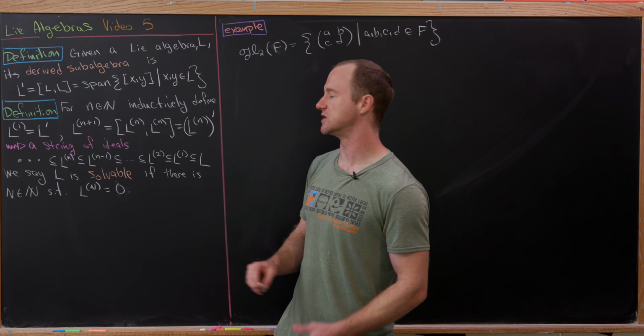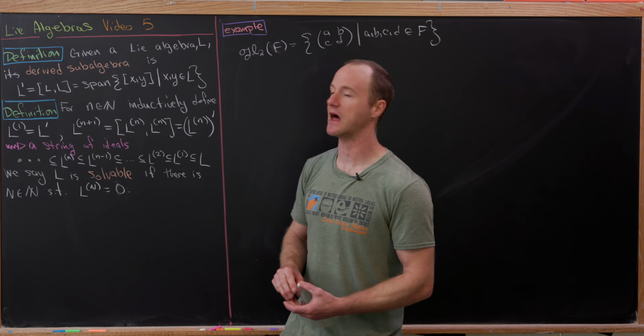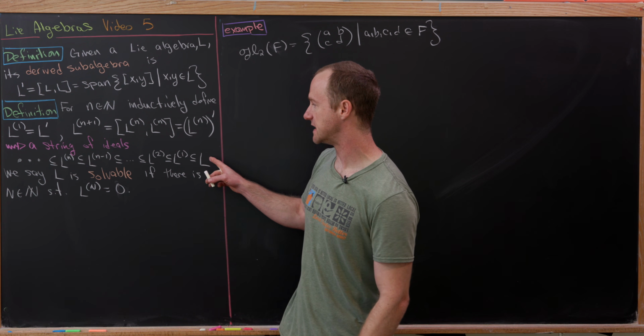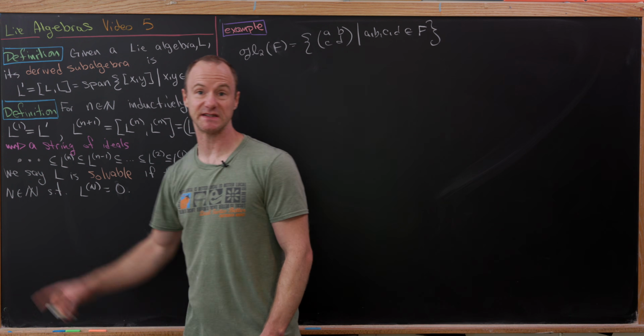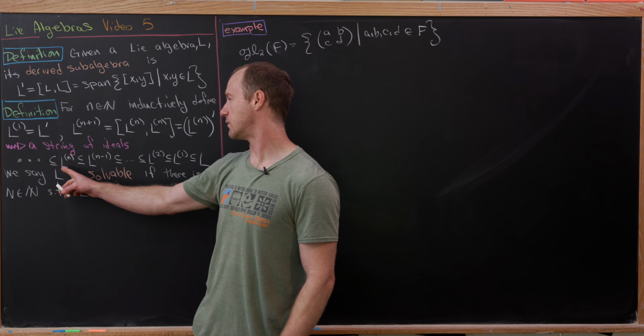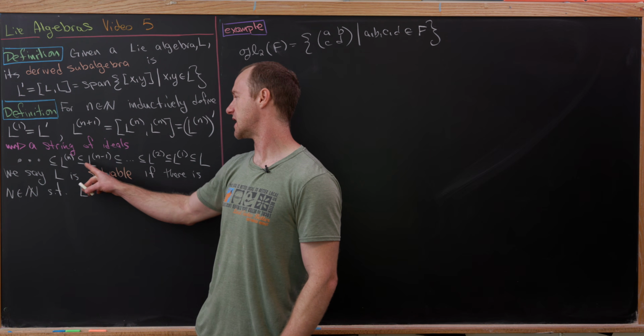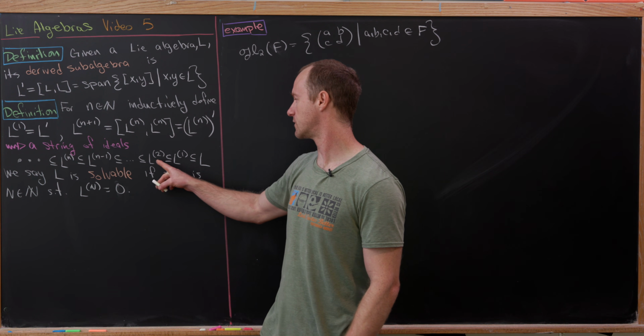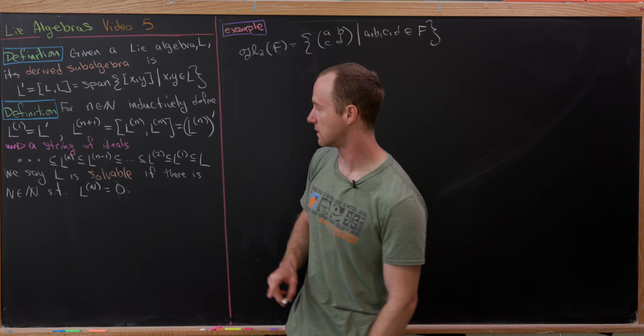In other words, it's the derived subalgebra of Ln. So that's going to give us the following string of ideals. So perhaps it's infinite in that direction, and then we have Ln is an ideal of Ln minus 1, so on and so forth, L2, L1, L.